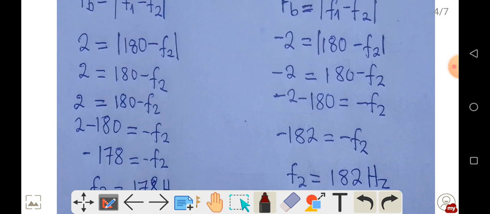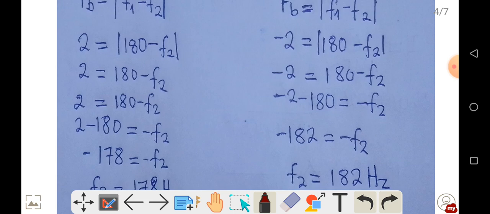Then frequency 1 they've given us to be 180, so we have substituted here. In short, 1.8 times 10 to the power 2 Hz is the same as 180 Hz minus frequency 2, which is the one we want to find.